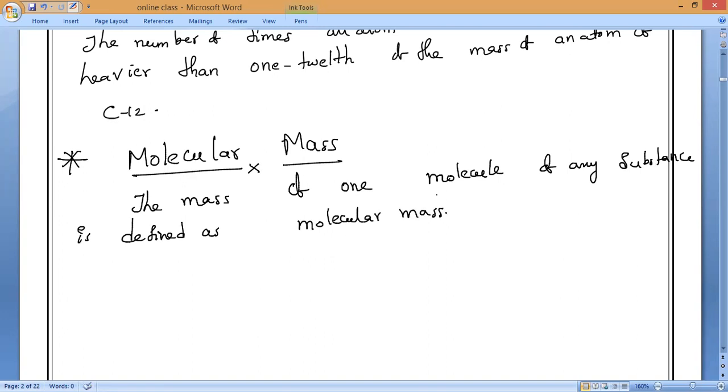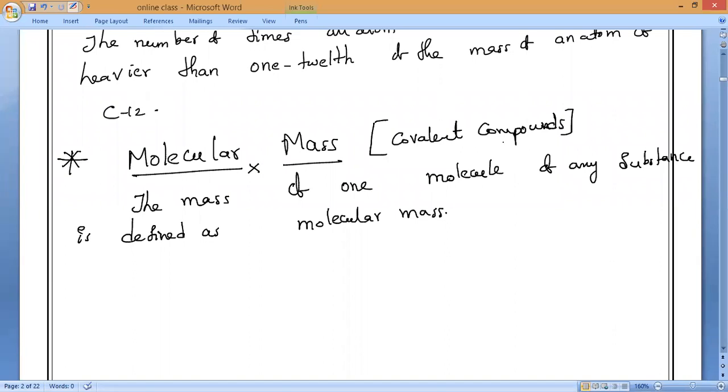Okay, everyone? Clear? Now, remember this molecular mass we will say only for covalent compounds, because for ionic compounds we will use some other name, which I will teach you after some time.